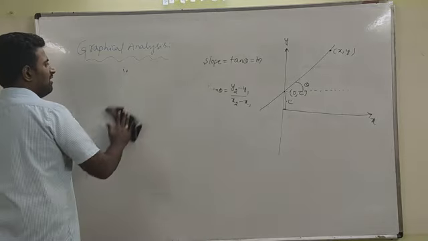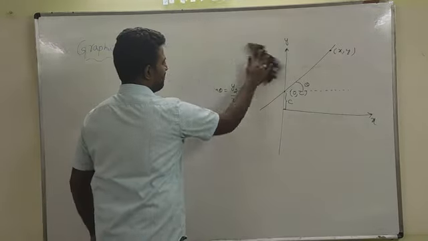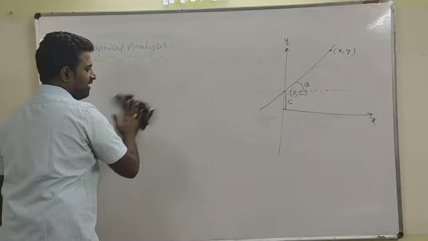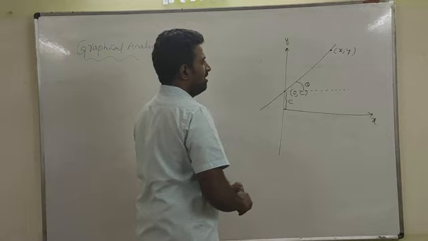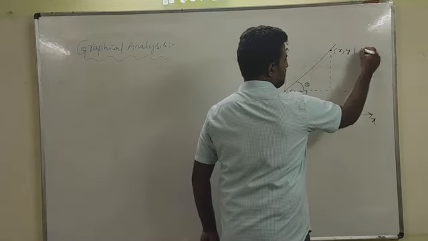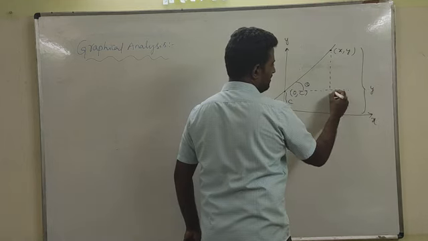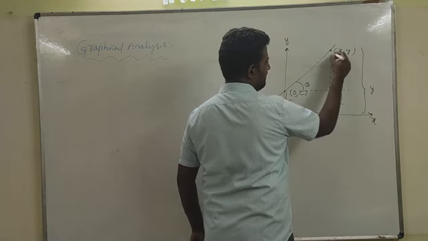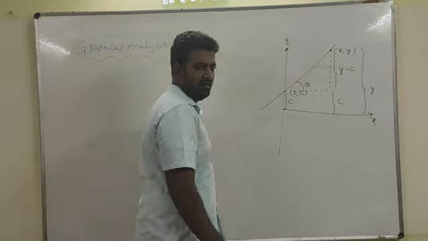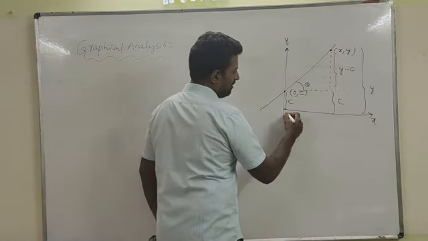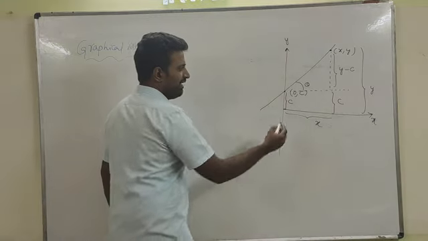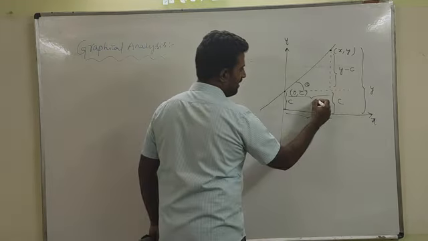Slope tan theta in that case will be opposite side divided by adjacent side. How much is opposite side? This length will be opposite side for the triangle. This total length is y. This length will be c. How much will be this length? This length will be equal to y minus c. We know already this length is x coordinate, which will be x. Means this length will be x.